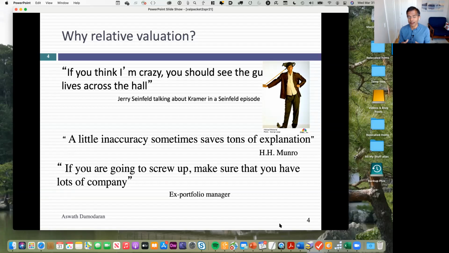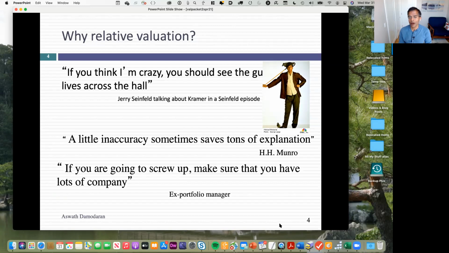And finally, and this is the final point I want to make, I think you're going to be wrong with both intrinsic valuation and pricing. And I firmly believe that you're less likely to be wrong with intrinsic valuation than with pricing, but by only a slight margin. You might be wrong 40% of the time with intrinsic valuation and 45% of the time with pricing. You think 40 is better than 45, you're right. But here's the catch.